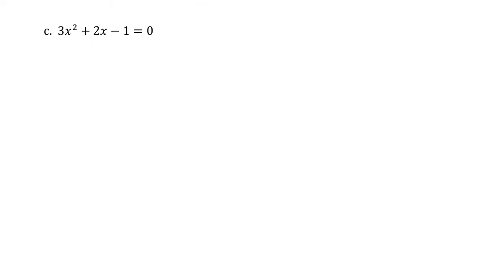Okay, it is in standard form, it equals 0. It's going from highest degree to lowest degree, so I'm going to identify A, B, and C. A is 3, B is +2, C is -1.